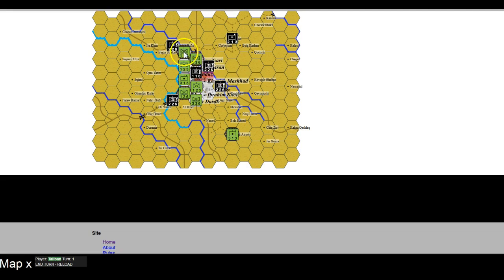I thought these irregular units would be a lot more powerful. Well, that's that really. And he's used up. Why are they not showing?